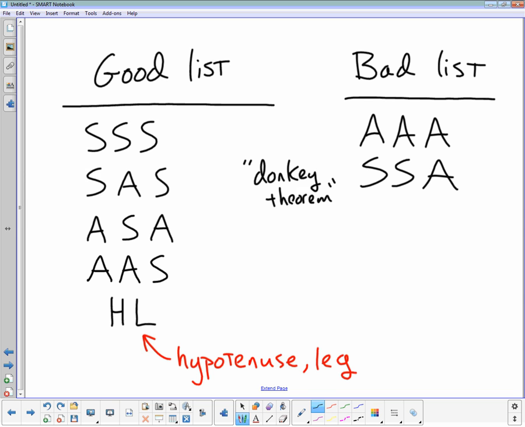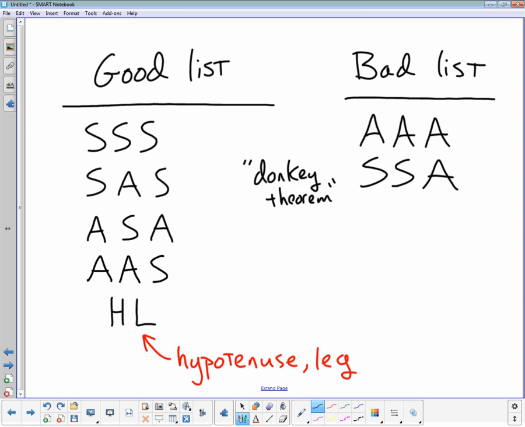Because there's another name for a donkey. So, side-side angle doesn't work. And we're going to go into an example of why it doesn't in a minute. So those are the two on the bad list. These are all the ones on the good list. Okay.